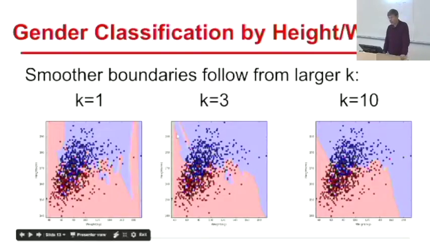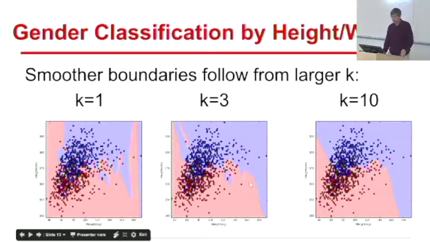If you make k larger, what ends up happening is, if k is equal to 3, suddenly this region goes away. Because no matter where you look around this thing, any point where you look at the 3 closest points, 2 of them are going to be male and 1 of them is going to be this female, right? So her region of dominance has gone away, okay?